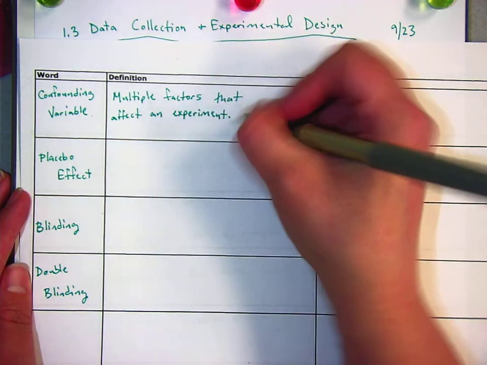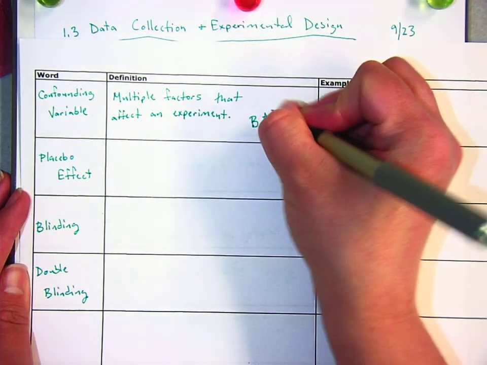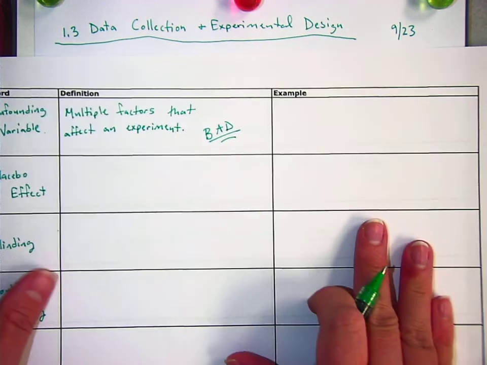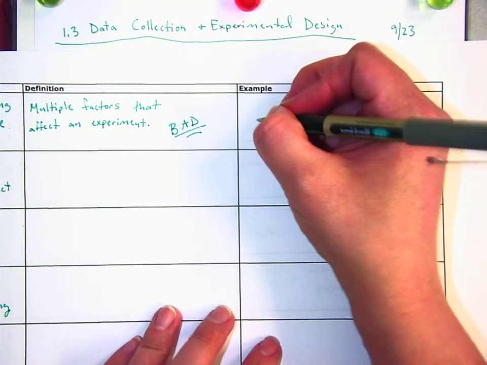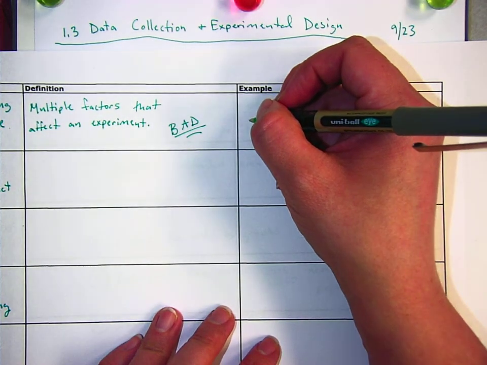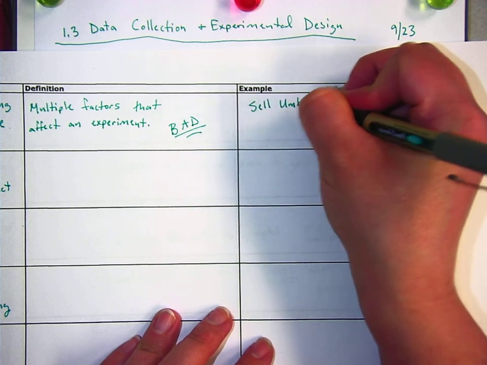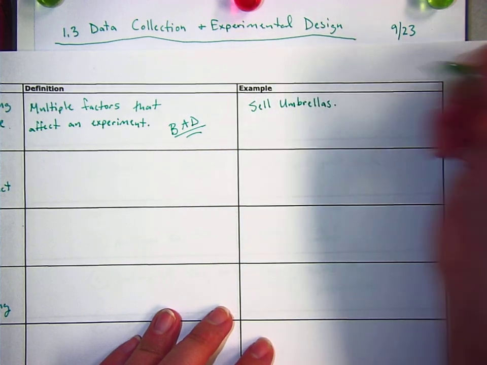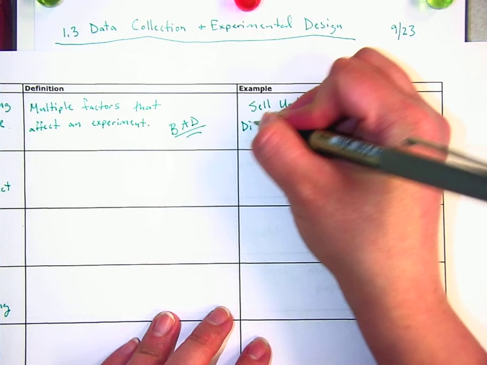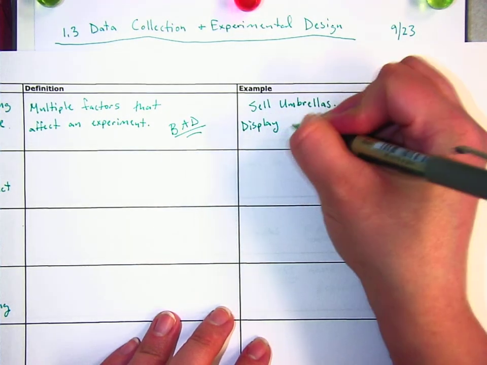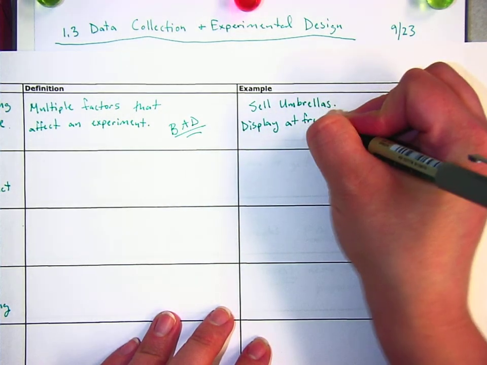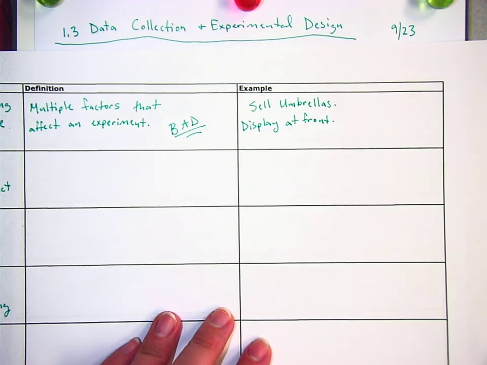So this is bad. For example, let's say that you are trying to sell umbrellas. So what you do is you make like a display at the front of the store and it's super cute. And you're trying to see if this display is going to sell umbrellas, right? You're really excited about it. Let's see if it works.